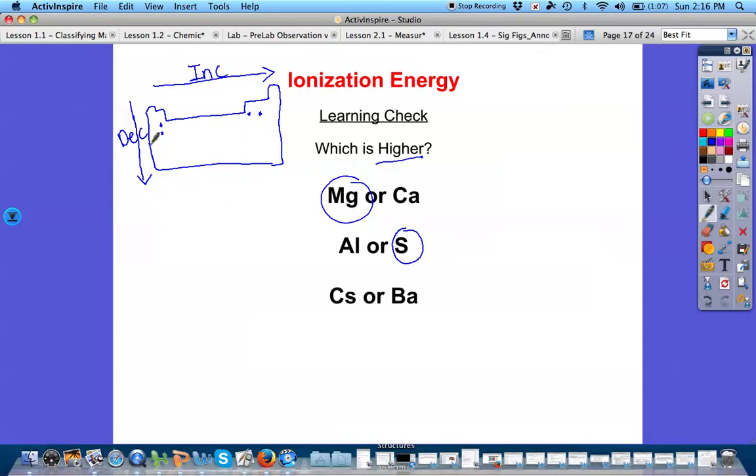And then cesium and barium, barium is going to have a higher ionization energy. Both sulfur and barium are the smaller of those two pairs, so more energy is going to be needed to remove that electron from the atom.